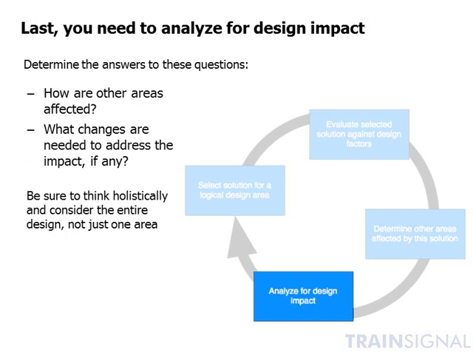This is the last step in the 4-step process, and it is a very important and critical step in the process. You have to ask yourself questions like, how are the other areas affected? In the previous step, you identified which areas were affected. Now you need to look at the question, how are those areas affected?